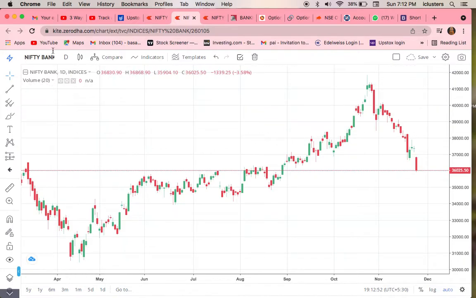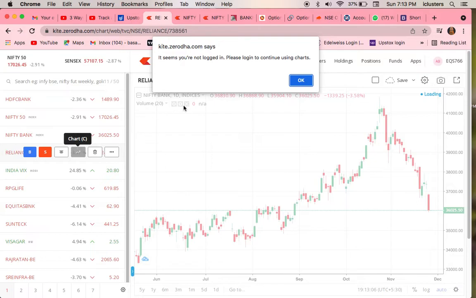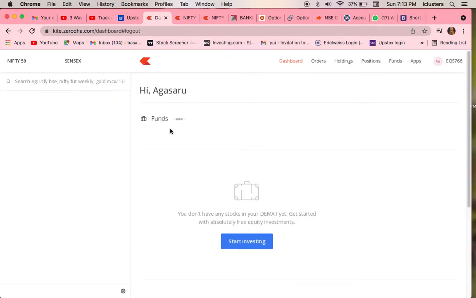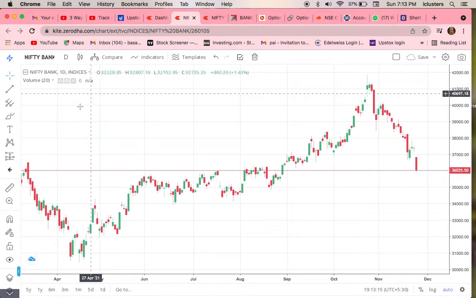First, log in to your demat account and select which company stocks you want to take entry in, and which moving average price you want to discuss. For example, I have opened the bank nifty chart.